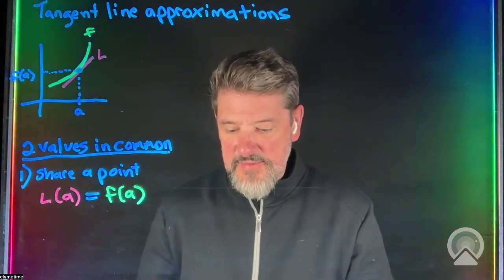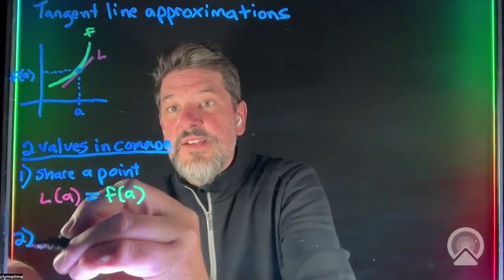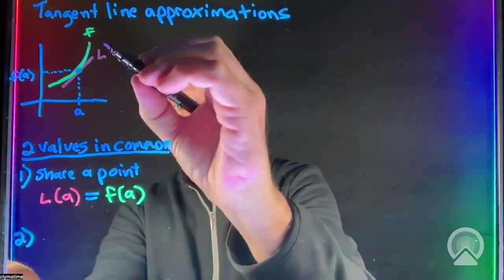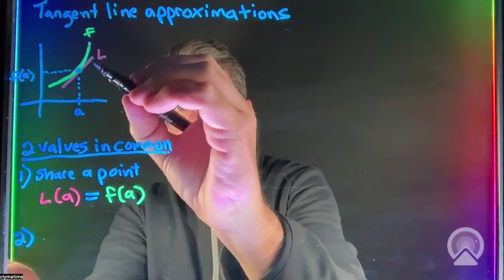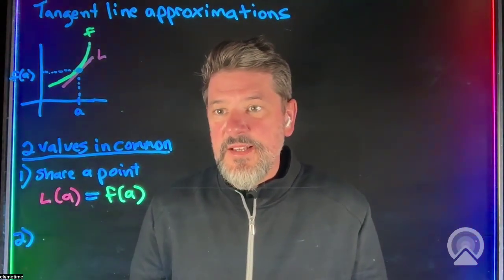Now there's something else they have in common. The other thing they have in common is that the slope of the tangent line on f is going to have the same slope as L by definition.